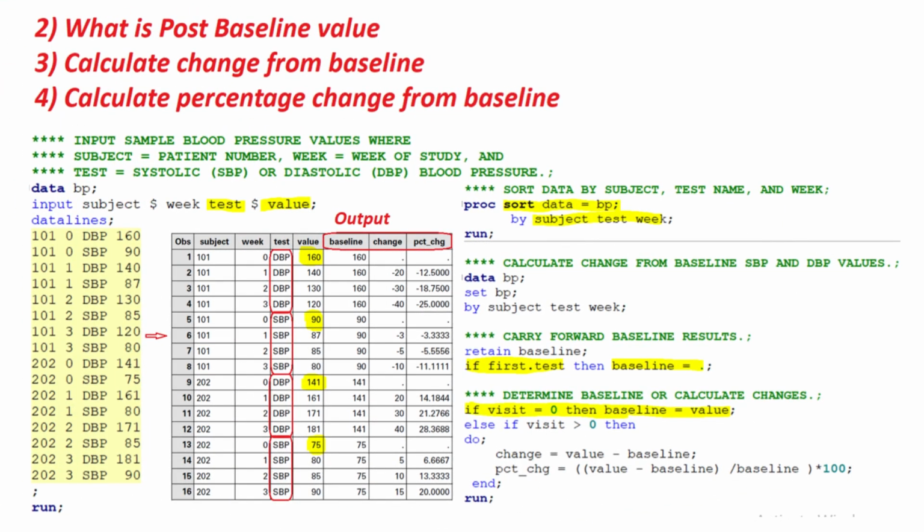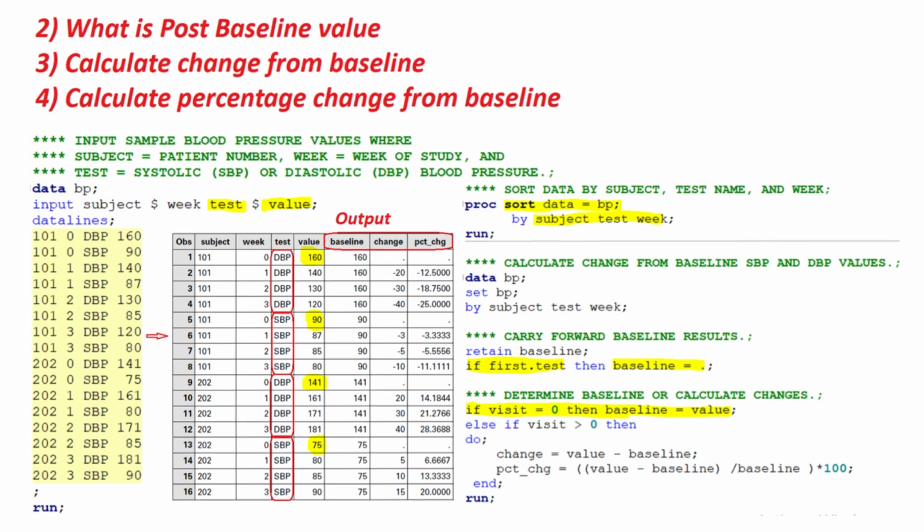Now we will see creation of baseline value, post-baseline value and calculation of change from baseline and percentage change from baseline. Here is the blood pressure dataset. Sort both datasets and merge them. Sort the data by subject, test, and week. Next calculate change from baseline of systolic blood pressure and diastolic blood pressure values. Next carry forward baseline results and finally determine baseline and calculate changes.